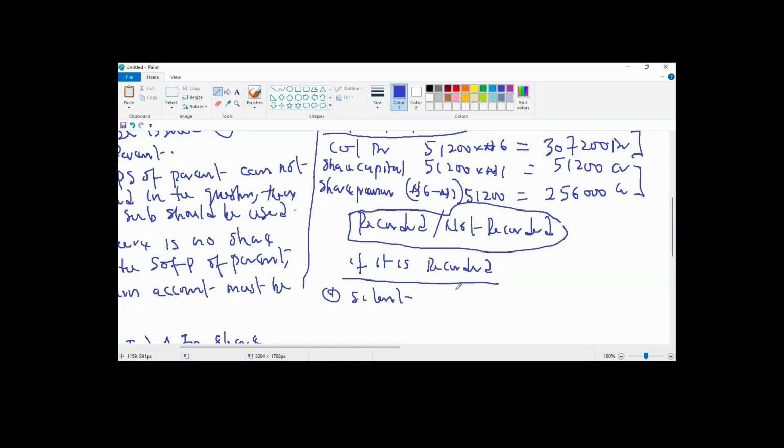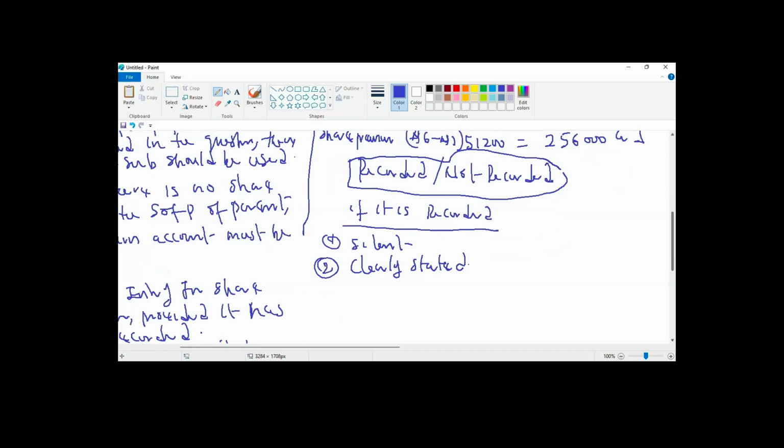It is recorded. 2, it is clearly stated in the question that it is recorded. The third one is through investigation. These are the 3 ways you can know.